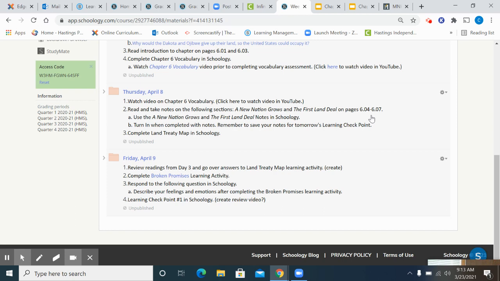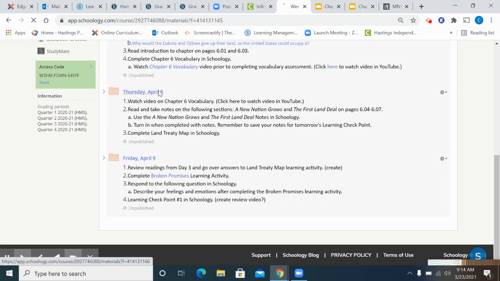That means you're going to read 6.04, 6.05, 6.06, and 6.07. Then you're going to use the notes that are in Schoology. Ultimately you will turn in your completed notes, but remember to save them because you're going to want to use these for your learning checkpoint number 1 for quarter 4.